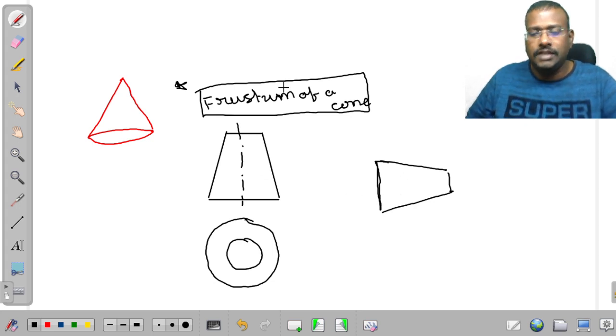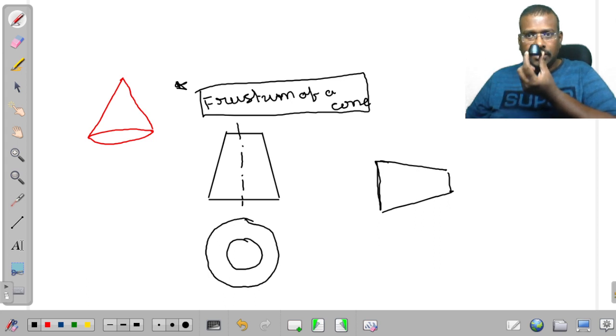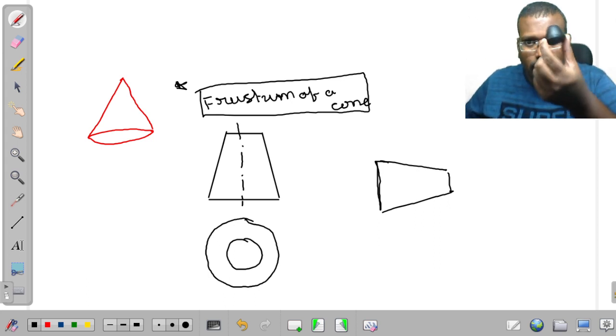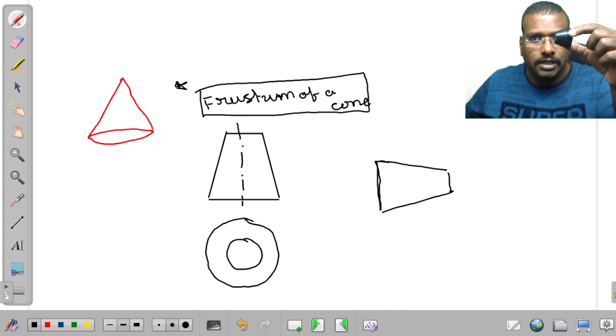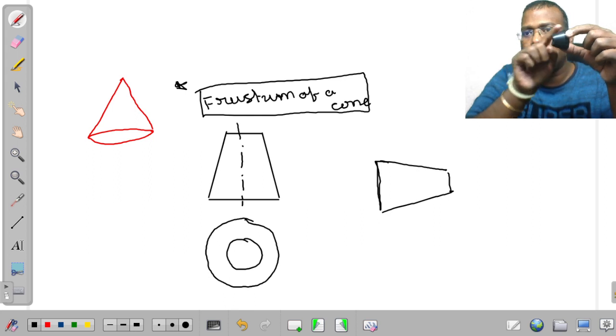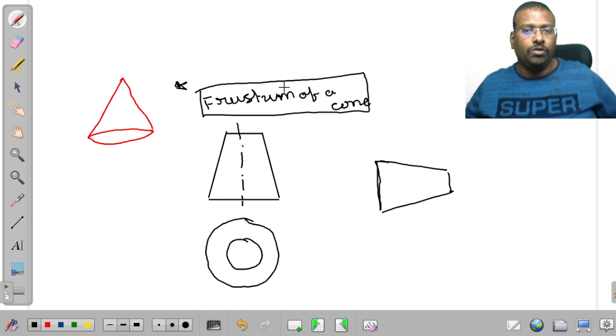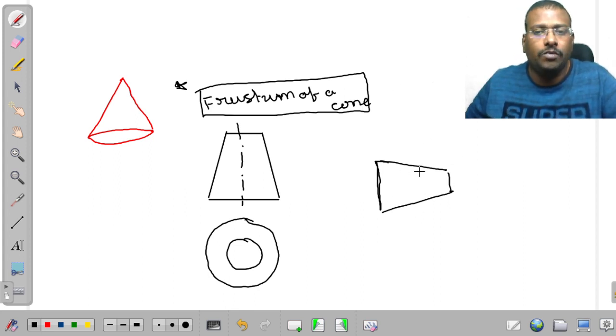I am not going to consider the frustum of a cone in this position. In this position, here it is a straight, larger line, here a shorter line, joined by tapered lines.